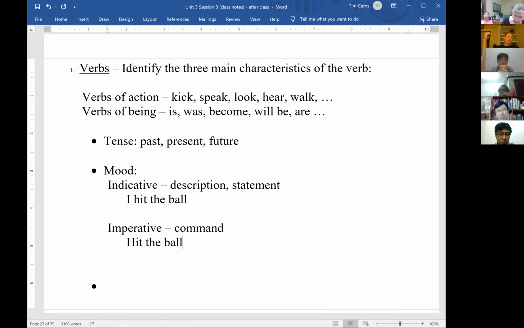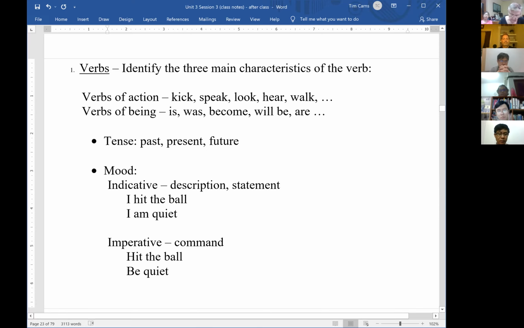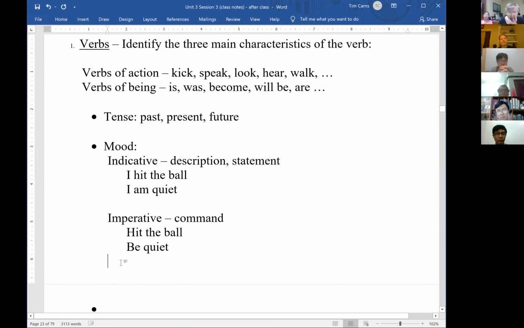It's actually giving a direction, an instruction, a command, to do something. Be quiet. That's an imperative. That's not indicative; indicative would be, I am quiet. That's making a statement. But imperative would be a command, an instruction.